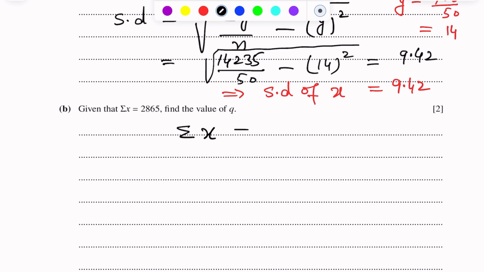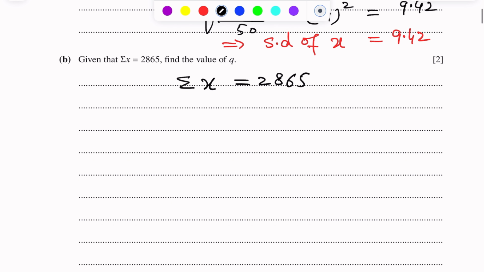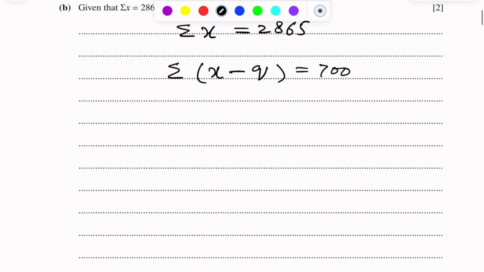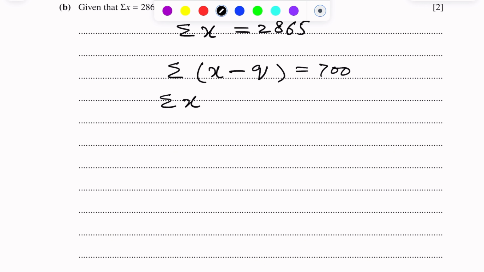Summation x is given, 2865, and the equation given is summation x minus q is equal to 700. Now we are using algebraic methods. The summation sign applies to x as well as q. So this becomes summation x minus summation q is equal to 700.